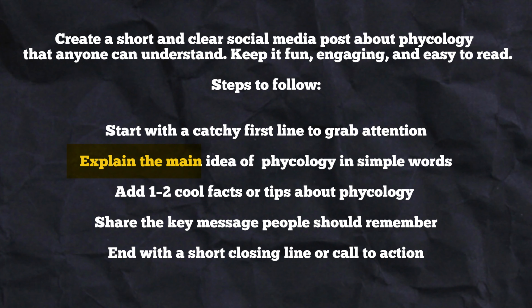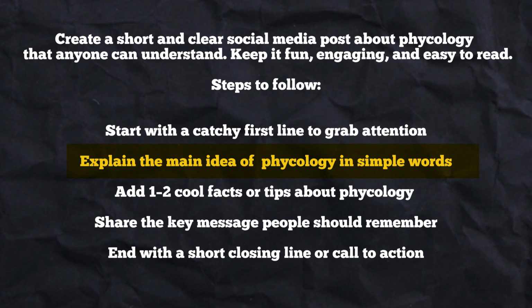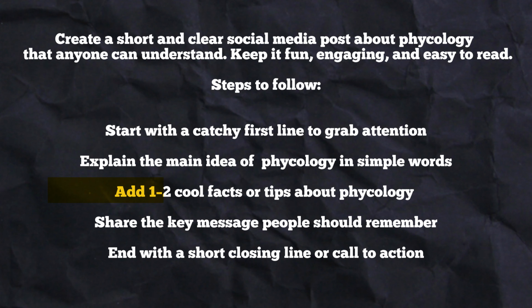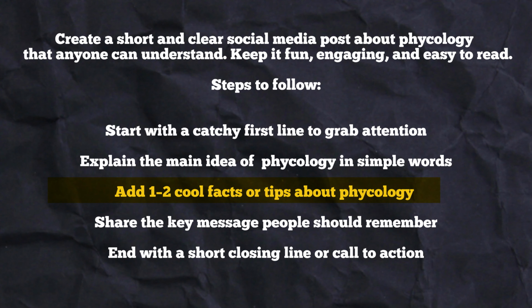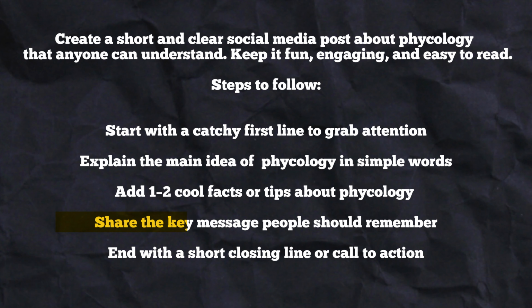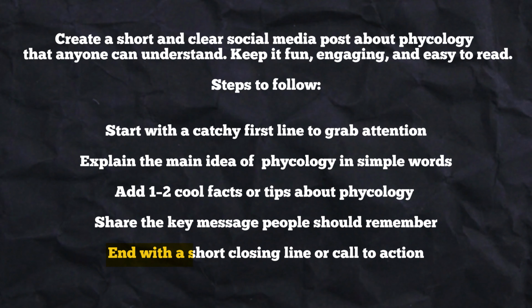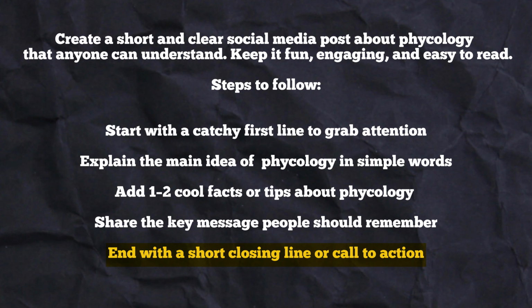Explain the main ideas of psychology in simple words. 3. Add one to two cool facts or tips about psychology. 4. Share the key message people should remember. 5. End with a short closing line or call to action. This is basically a step-by-step process that you tell the LLM to follow, so it will give you a more accurate and high-performing result.